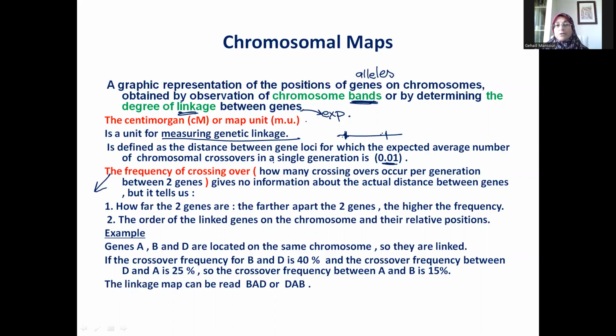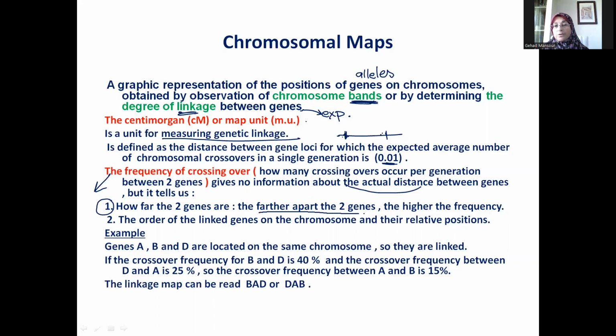The frequency of crossing over is how many crossing overs will occur per generation between two specific genes. It gives no information about the actual distance between the genes. We don't know the actual distance between the genes since we are not geneticists and we're not working in genetic labs, but we can just know the relative position of the alleles. So we can know how far the genes are.